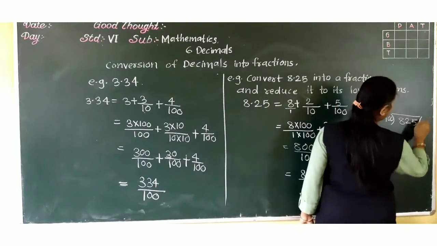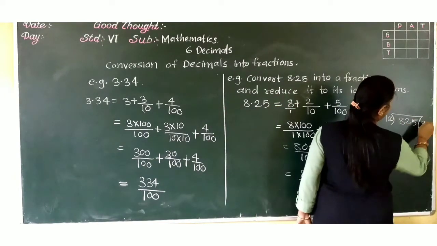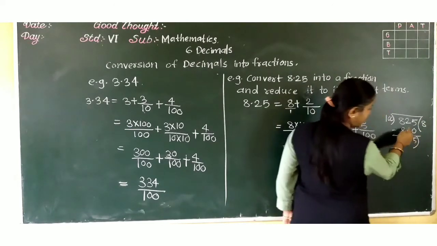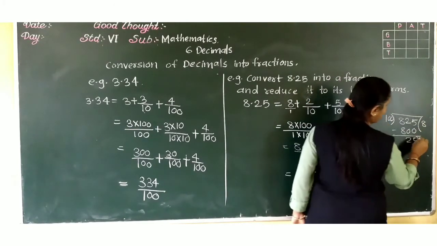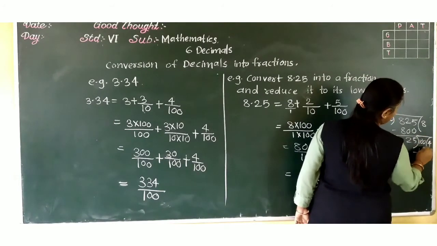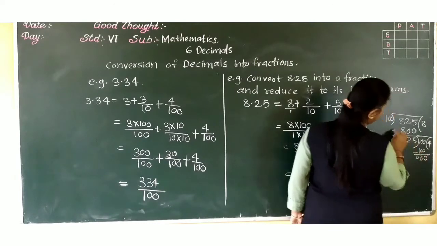So 100 8s are 800. Okay? Now 25 is there. Now with this 25 divide 100. That is 25 4s are 100. So what is the HCF of this?